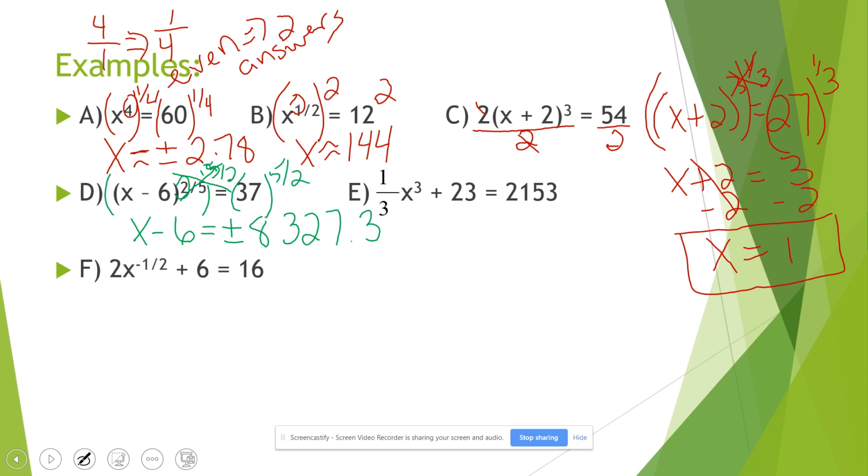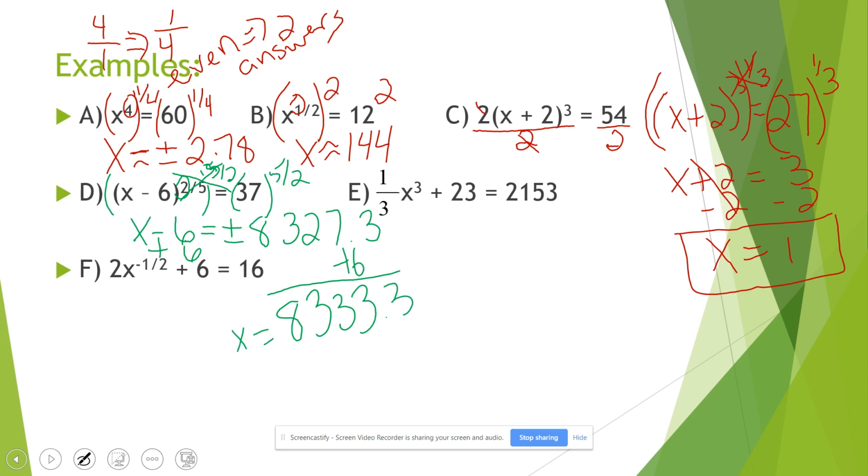8,327.3. Now to finish getting x alone, I have to add 6 to both sides. Now be careful. I am adding 6 to a positive 8,327.3, which is 8,333.3.